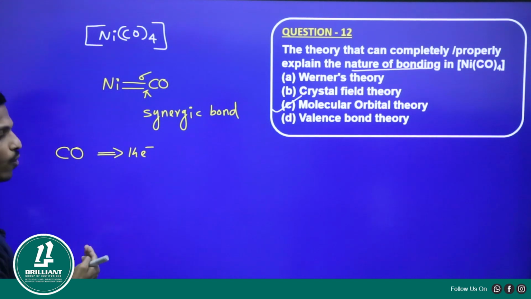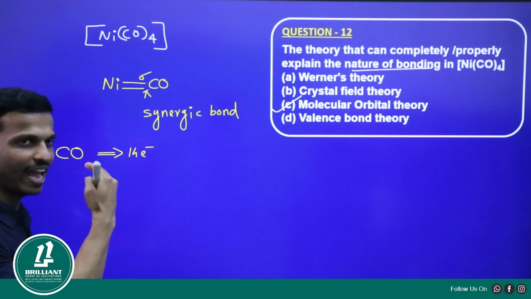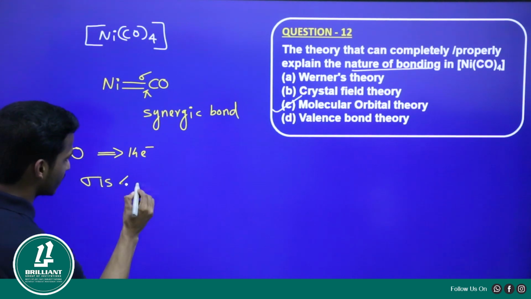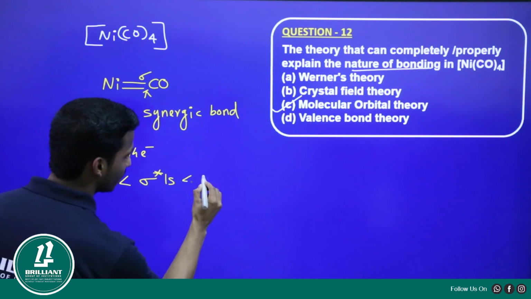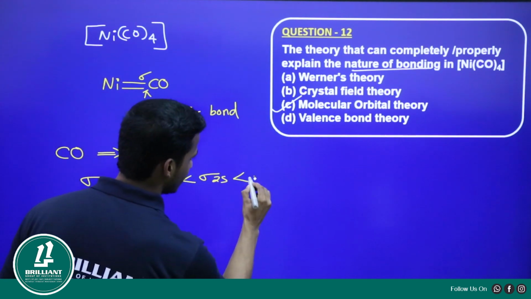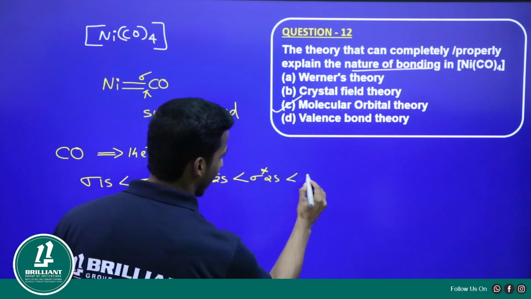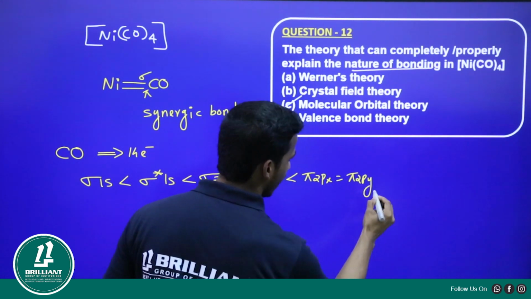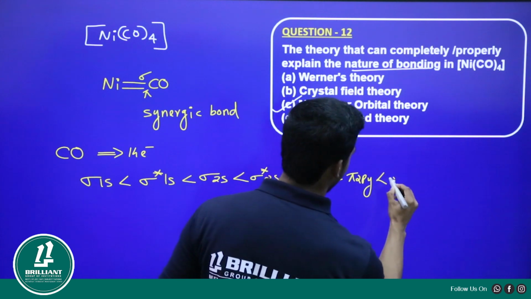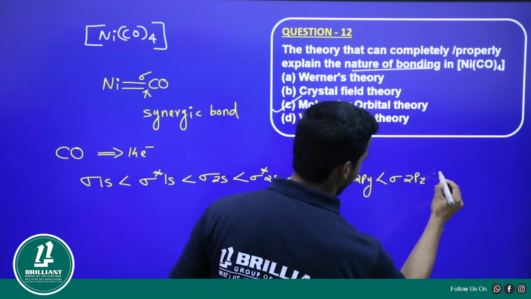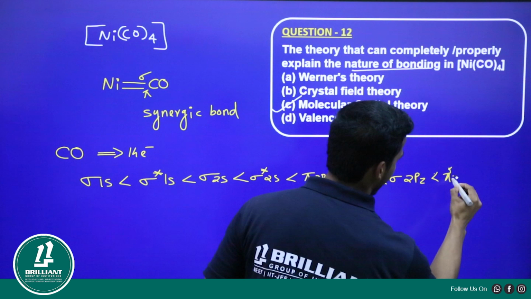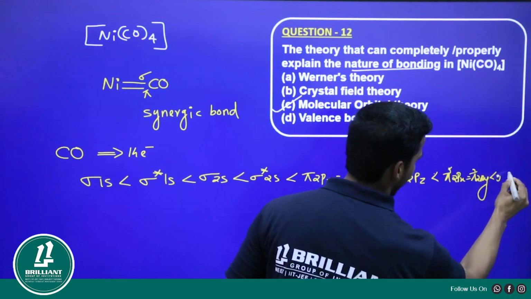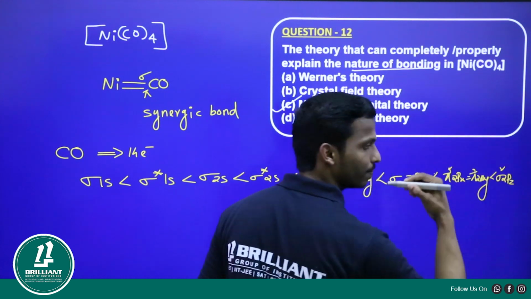For up to 14 electrons, we have a molecular orbital energy order: sigma 1s, sigma star 1s, sigma 2s, sigma star 2s, then pi 2px equal to pi 2py, then sigma 2pz, then pi star 2px equal to pi star 2py, and last sigma star 2pz, right?